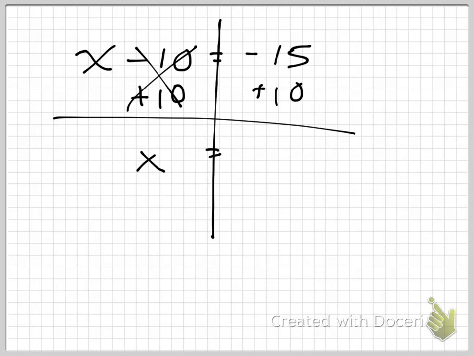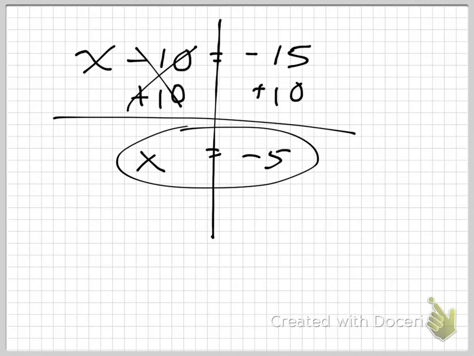That leaves me with x equals negative 15 plus 10. What is negative 15 plus 10? Negative 5. And I'm done. This assignment is no harder than what we've been doing. It's just now in the form of an equation. Make sense?